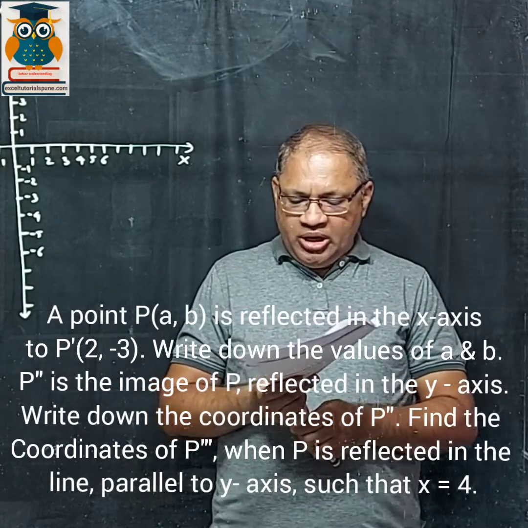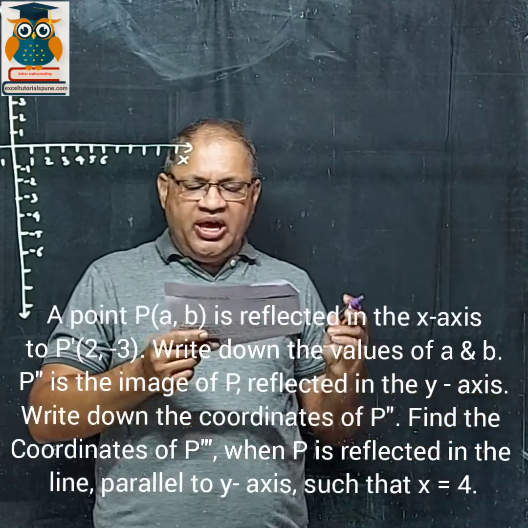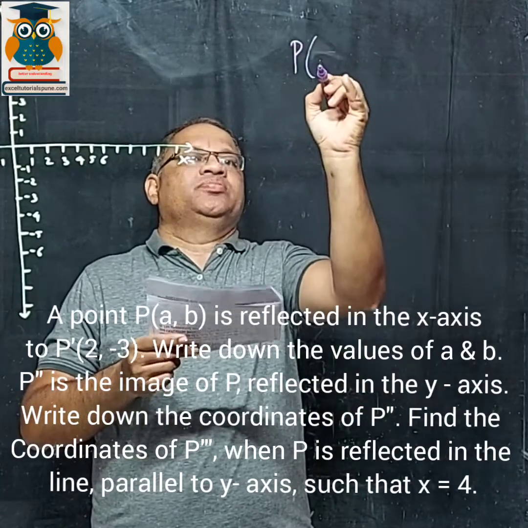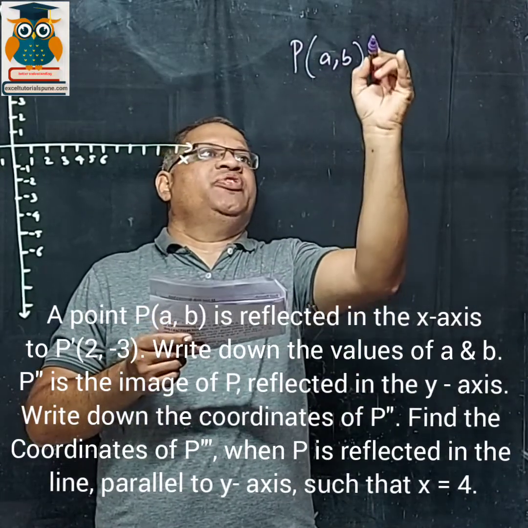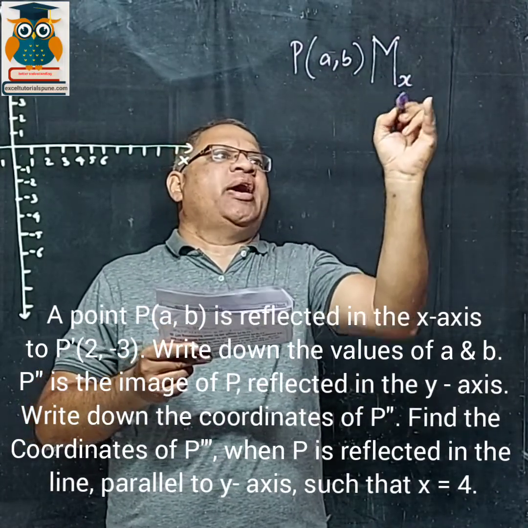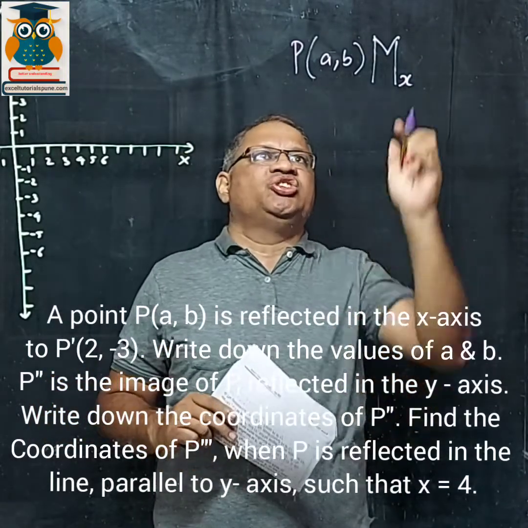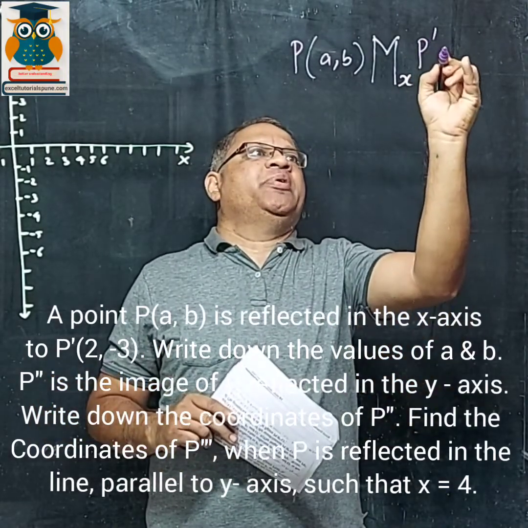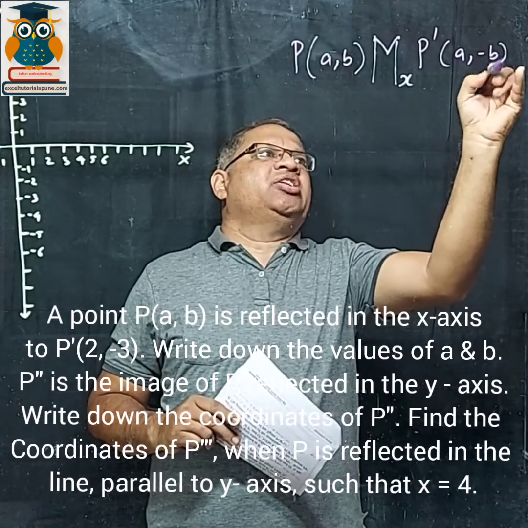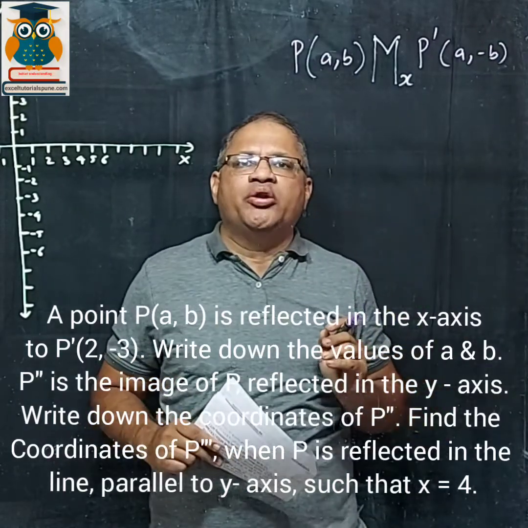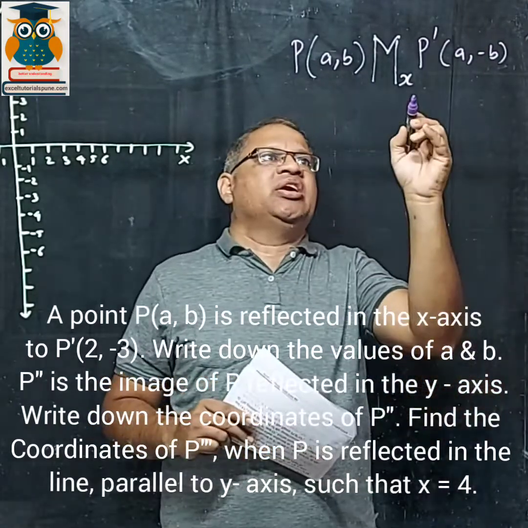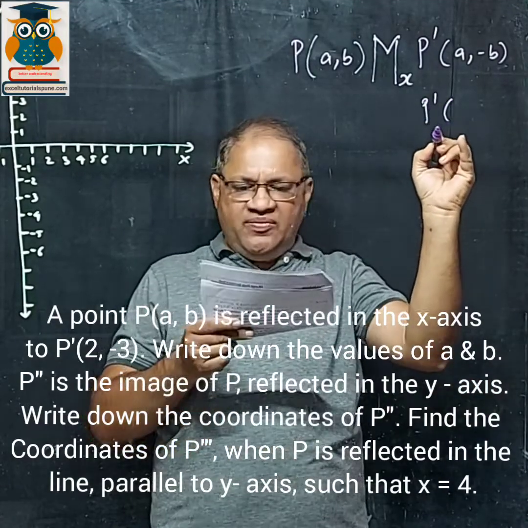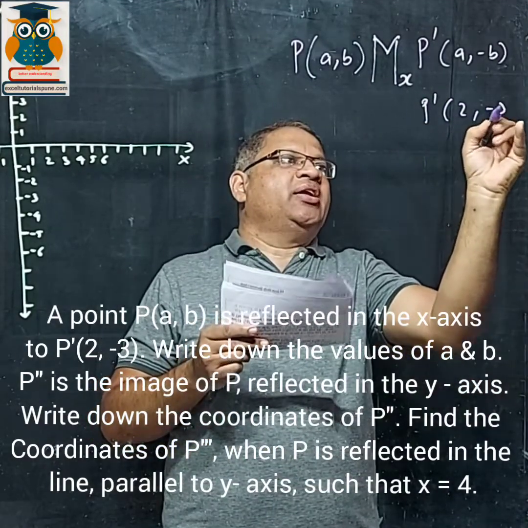So P(a, b) is reflected in the x-axis. If it is reflected in the x-axis, the y coordinate changes. So it will be P dash (a, -b). But they have already given the coordinates of P dash as (2, -3).